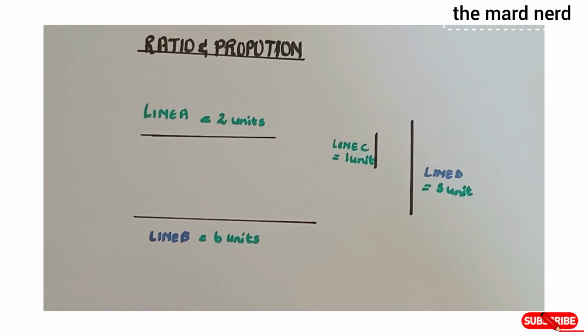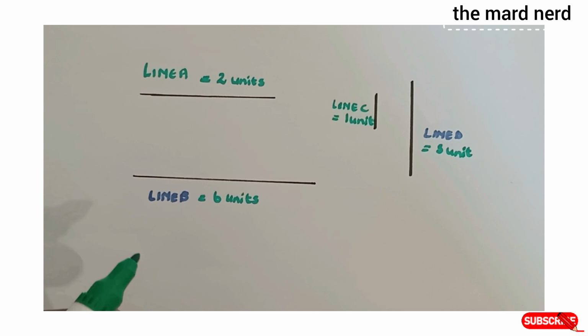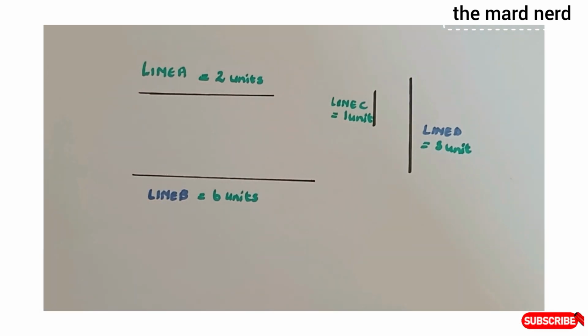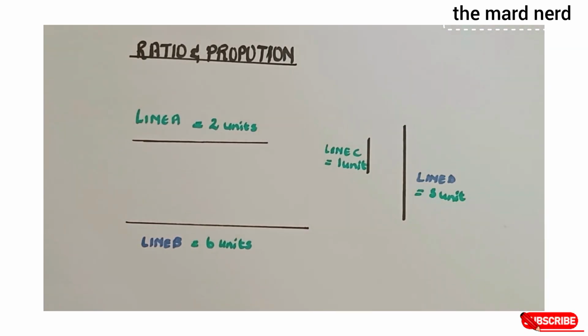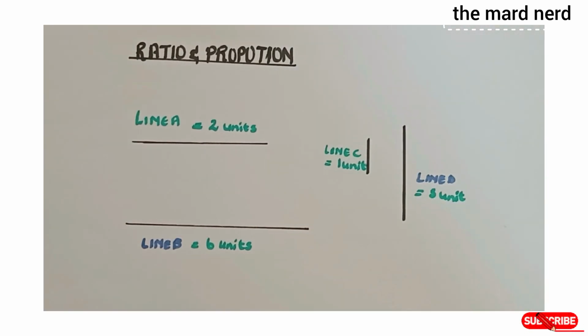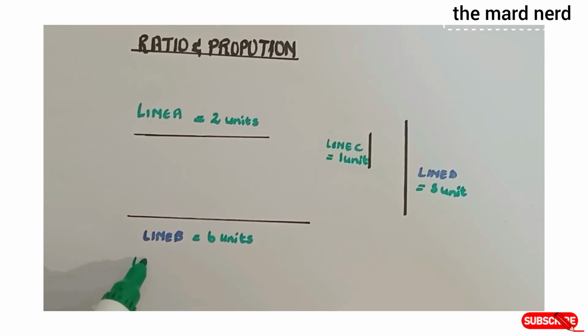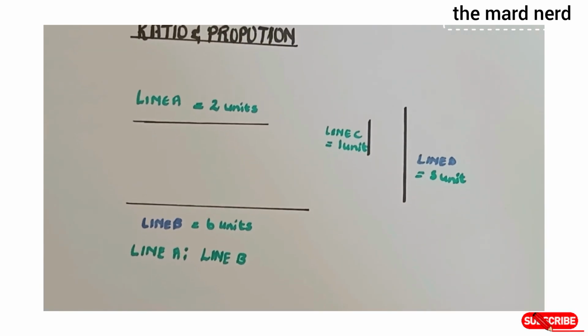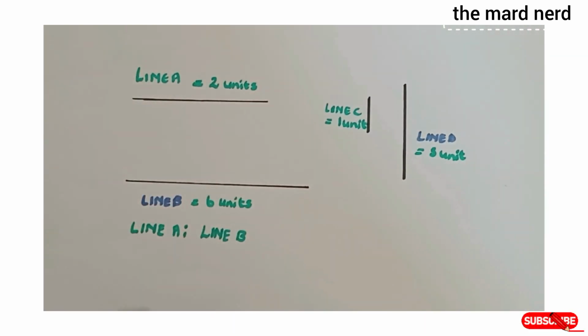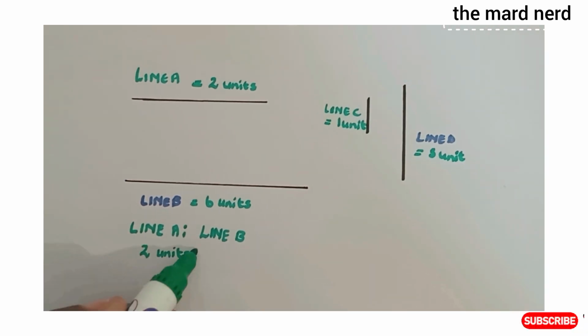For the ratio of line A to line B, we say line A is to line B. We know that line A can be represented with 2 units, and line B with 6 units.